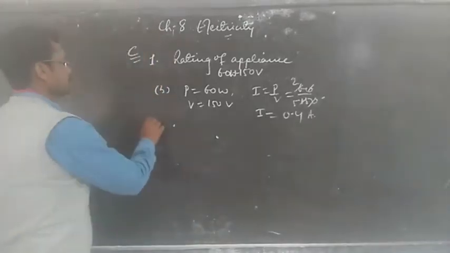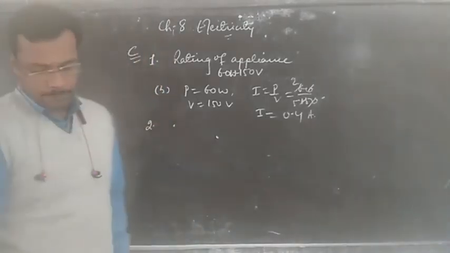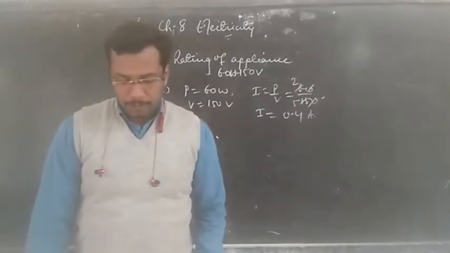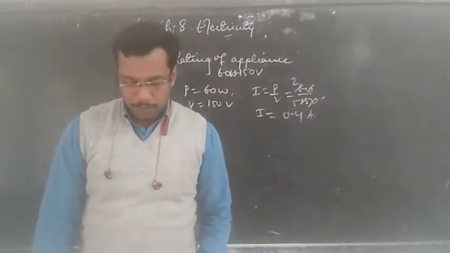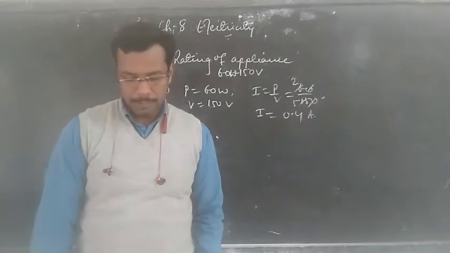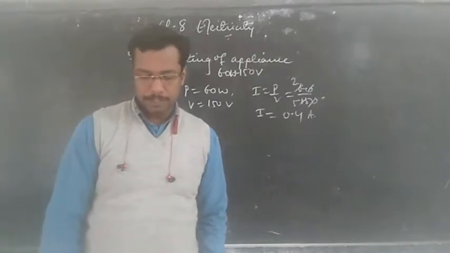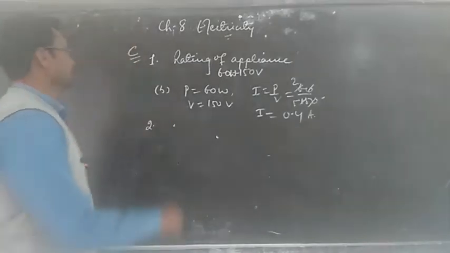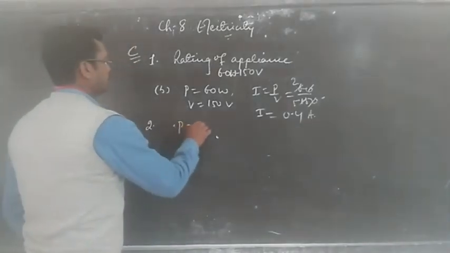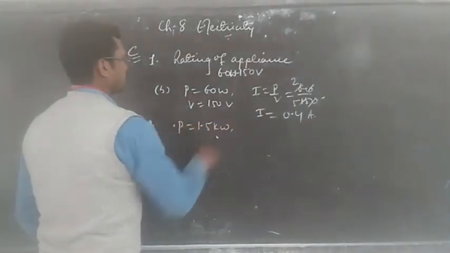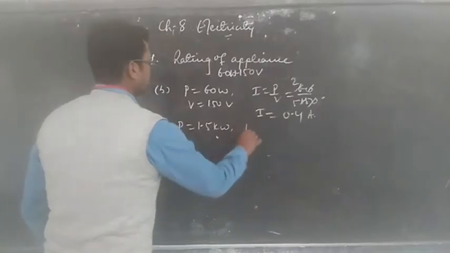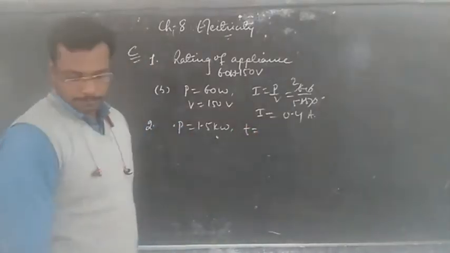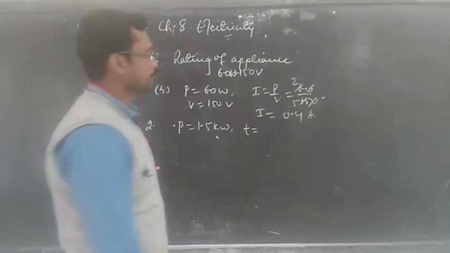Second question is, an electric iron of power 1.5 kilowatt is used for 30 minutes. Calculate the electrical energy consumed in kilowatt hour and in joule. You can see power is given as 1.5 kilowatt and the time is 30 minutes.